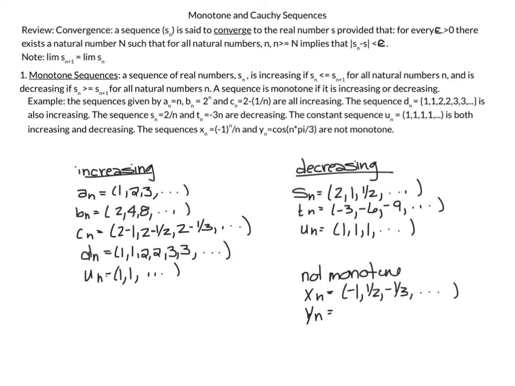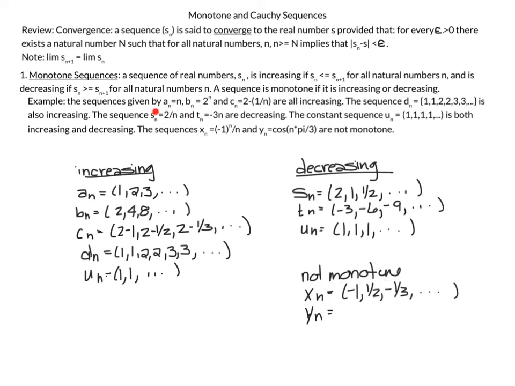The sequence 1, 1, 2, 2, 3, 3 is also monotone increasing, and I have that sequence here. Last, the sequence 1, 1, 1, 1 is also increasing because it satisfies this condition that every term is bigger than or equal to the previous terms. In particular, in this example, every term is exactly equal to the previous terms.